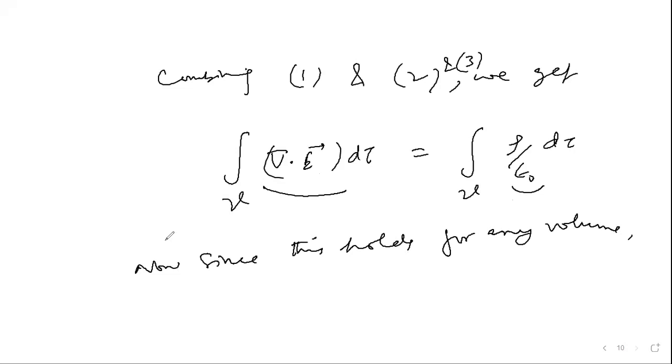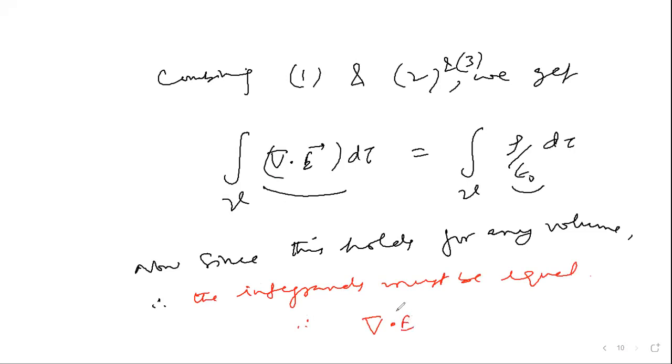This holds for any volume, therefore the integrands, what is inside the integral, must be equal. That is, divergence of E must be equal to rho by epsilon naught.